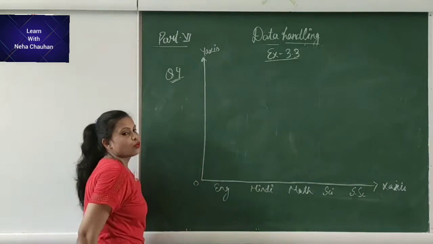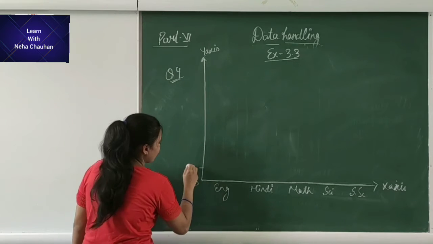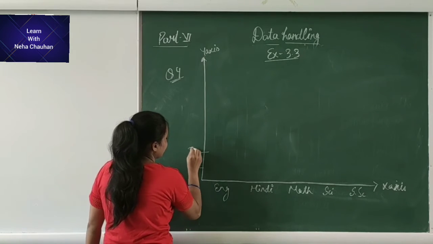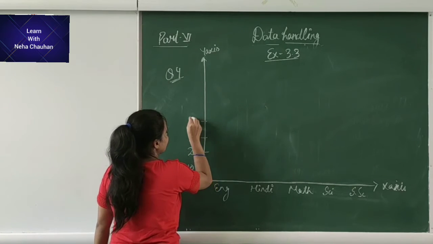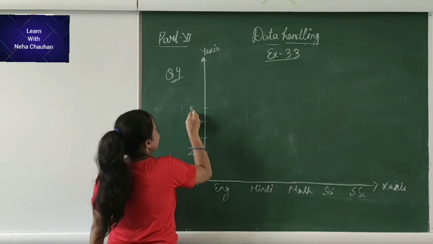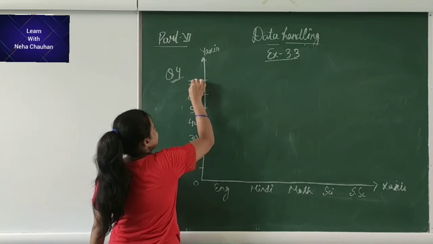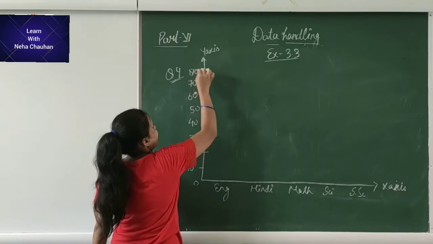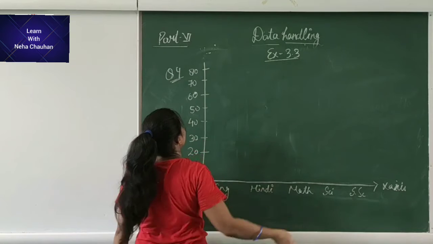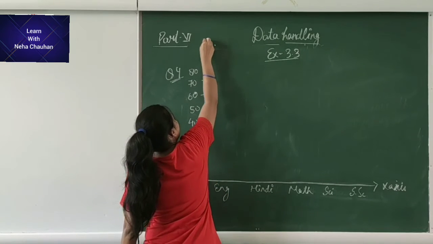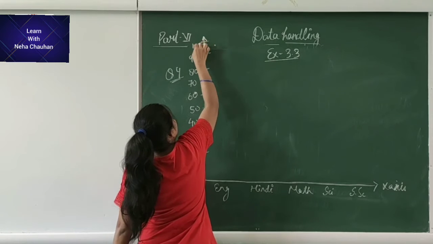On the y-axis we will write the marks. Let's take the scale of 10, 20, 30, 40, 50, 60, 70, 80, 90 and 100.